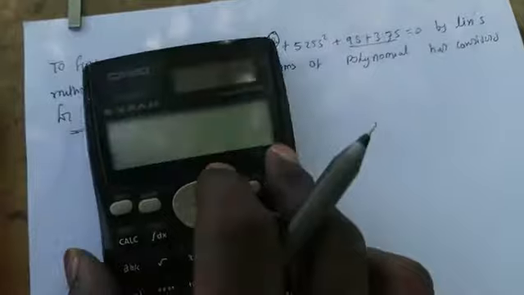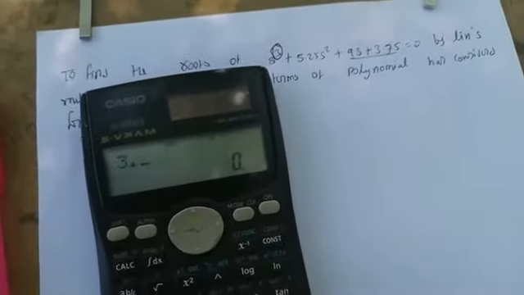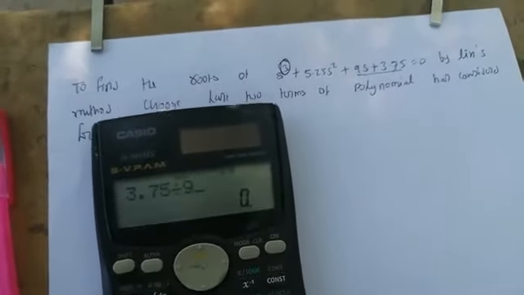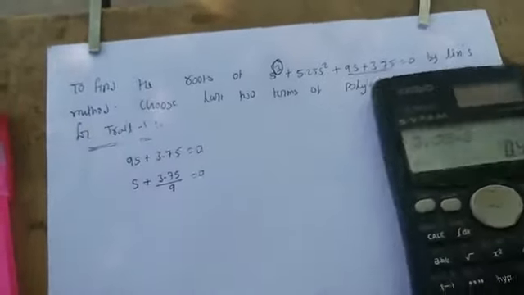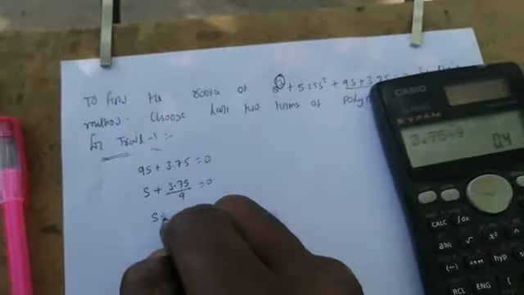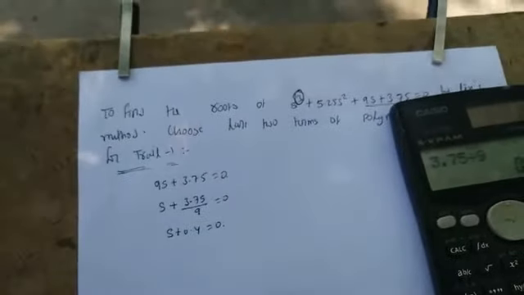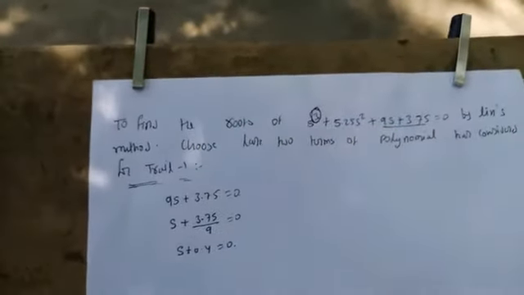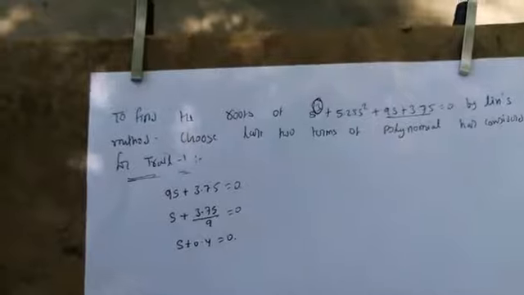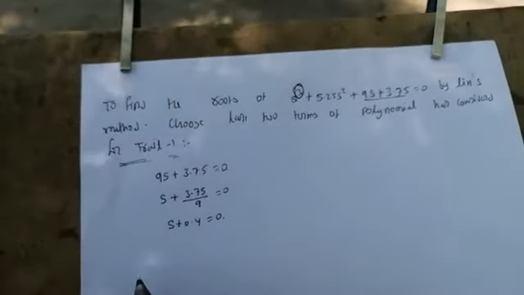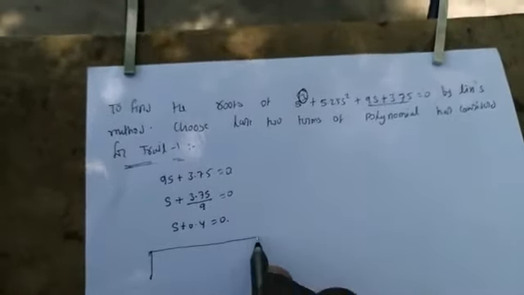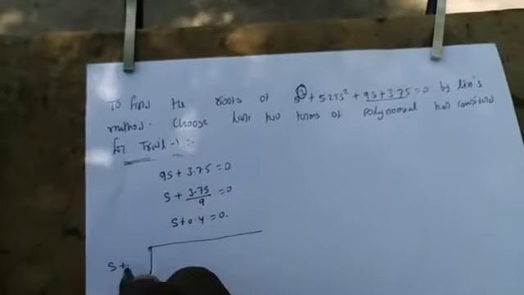So 3.75 by 9 is 0.4, so s plus 0.4 equals to 0. Now we have to divide this equation with respect to s plus 0.4.